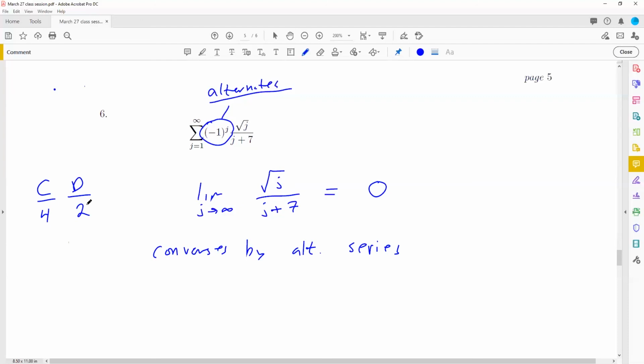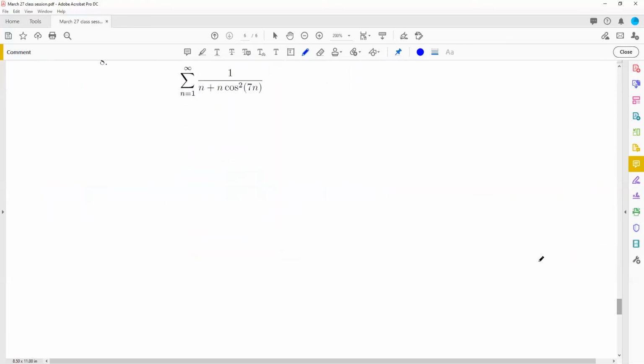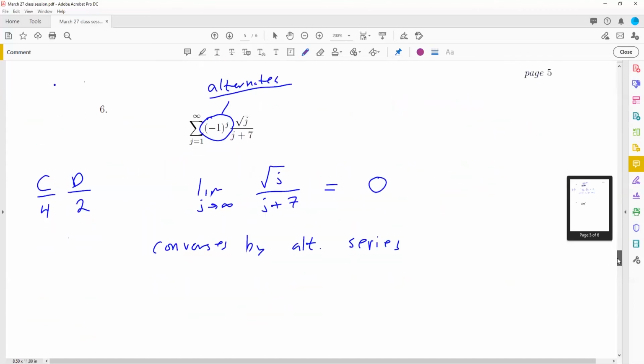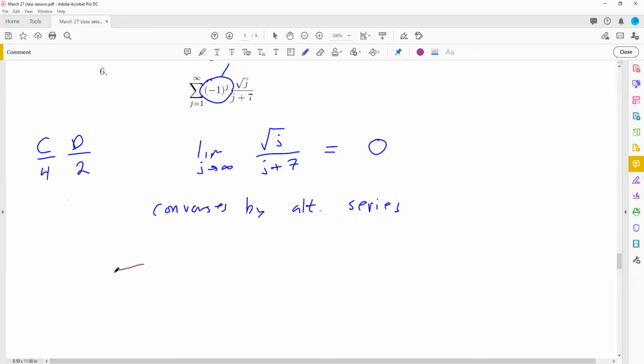Also, in this particular case, if you didn't have this part to it, let's say it were just like this, this would diverge actually.